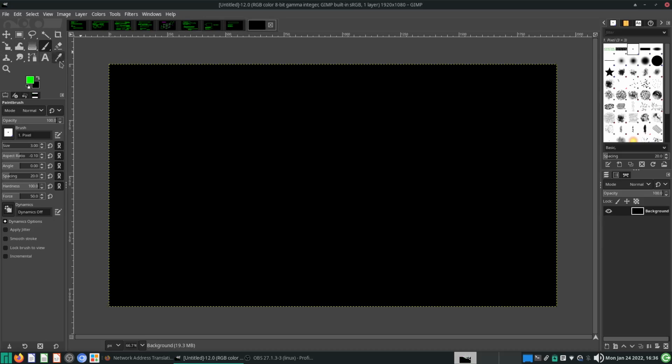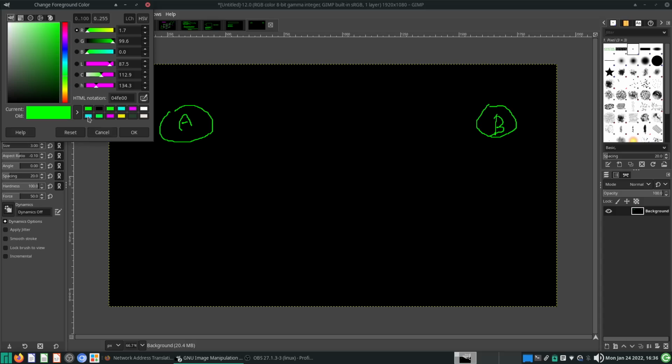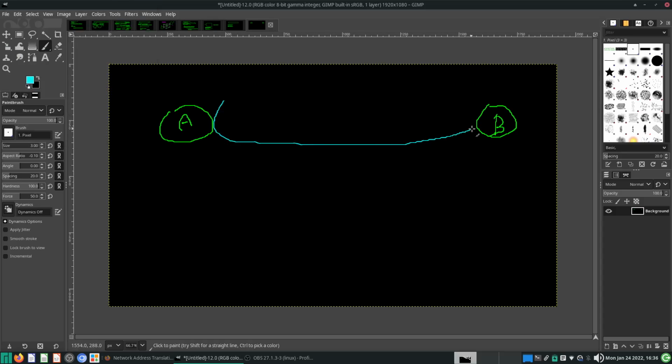Okay, so previously we had a network A and a network B, and it's connected to the internet. Let's call this the internet, very loosely.